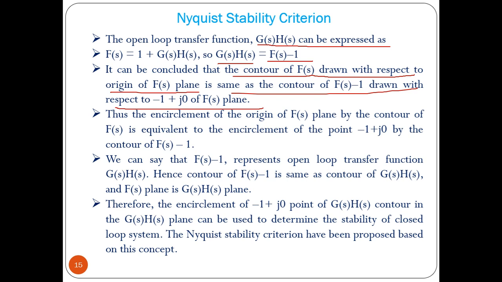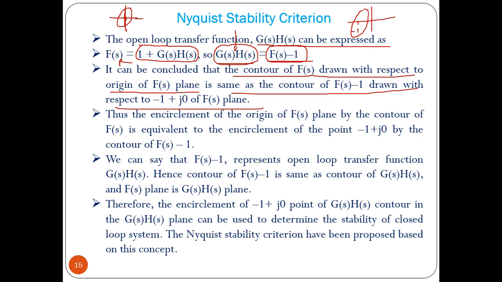So if we plot 1 plus GH in the F(s) plane, then it should encircle the origin. Now if we want to plot G(s)H(s) only, in the F(s) minus 1 plane, then F(s) equal to minus 1, so this minus 1 point should be encircled.